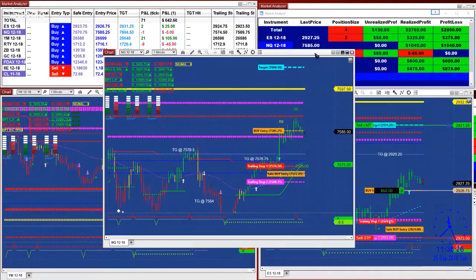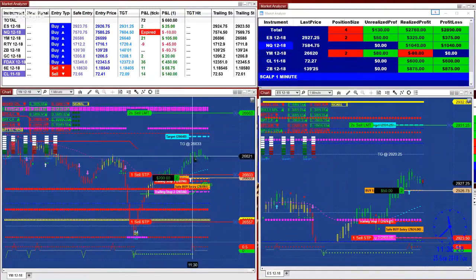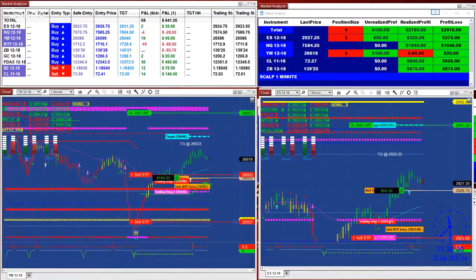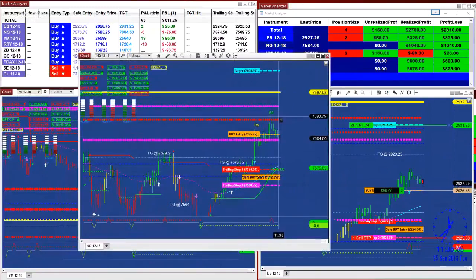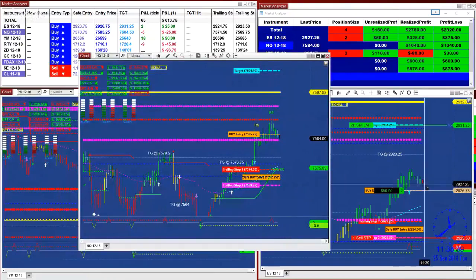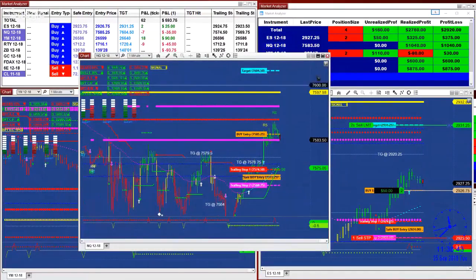And you can read it immediately on the ES. And now we got caught between a support and a resistance on this Nasdaq, so we need to really break out for those to fly, and that is gonna take some time.